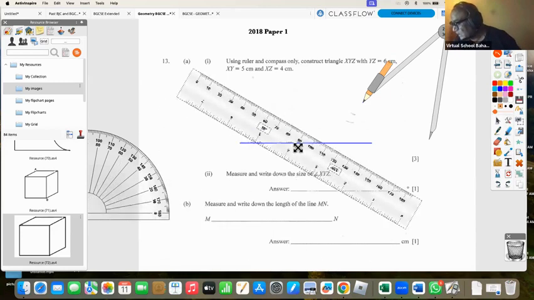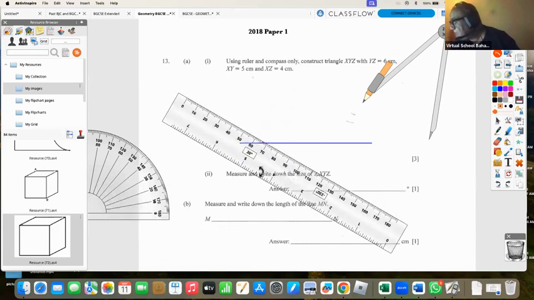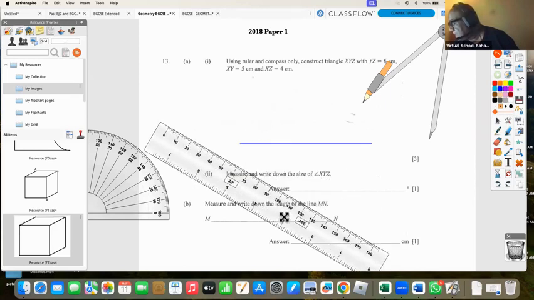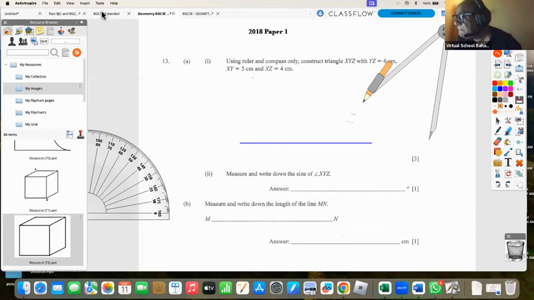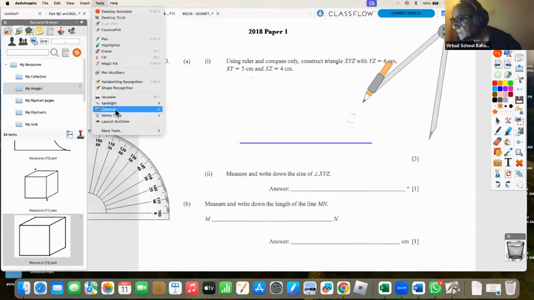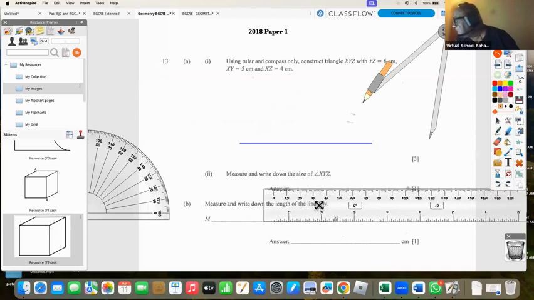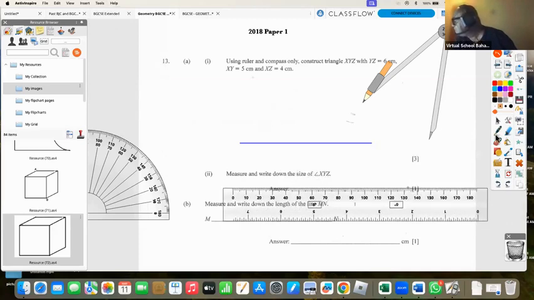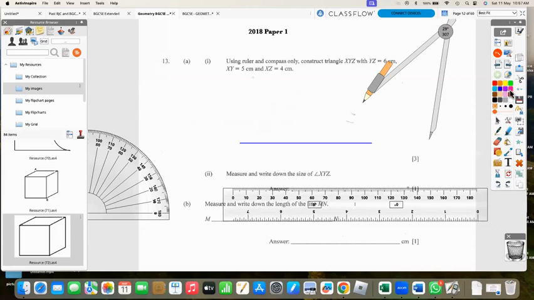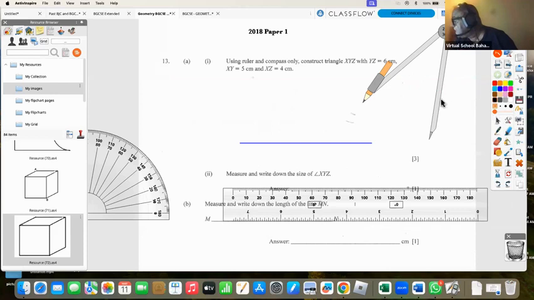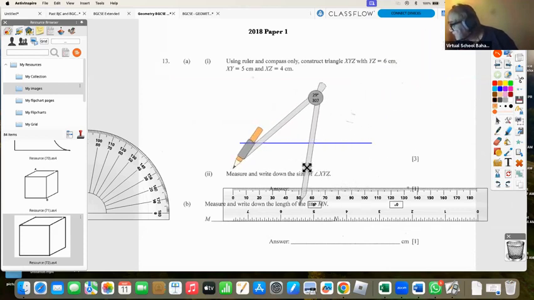So we get our ruler. Let me close this ruler so that I get it back. How much they want? 6 cm.